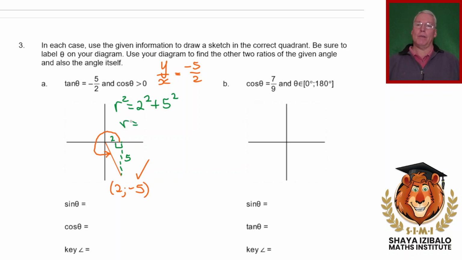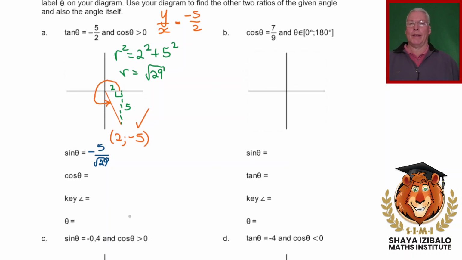So r is the square root of 29. The sine of the angle is y divided by r, our y value divided by our r value: -5 over the square root of 29. Did we expect the sine to be negative? Yes, because we're in quadrant 4.